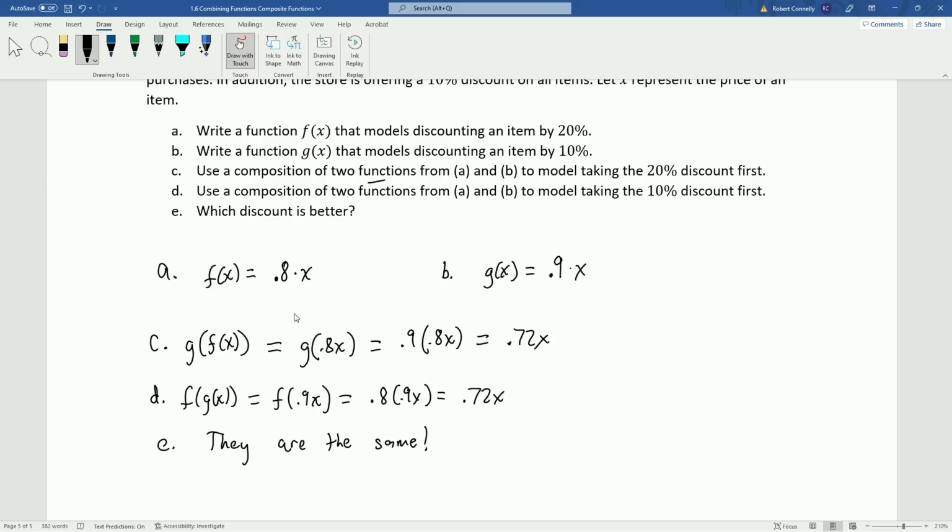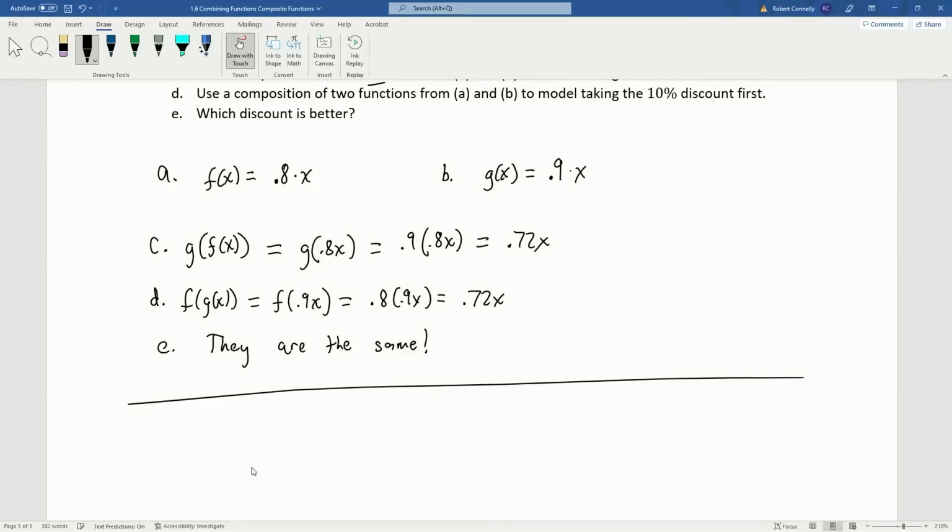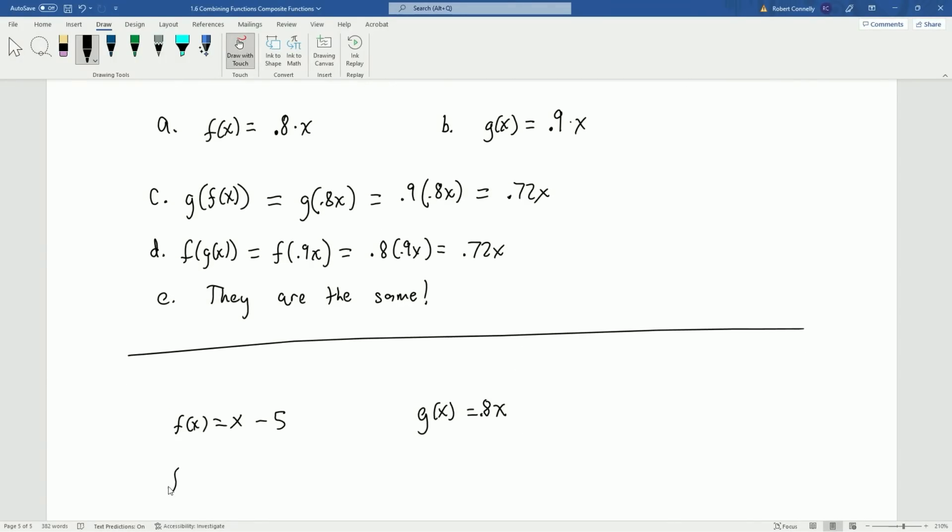So since this particular type of composition of functions just results in a product of the two numbers, then the order doesn't matter here. On the other hand, if this was something like you had a discount where you took your price minus $5 and then another discount that was your price deducted by 20%, well then here the order is going to matter a lot. So if we look at this, this would be f of 0.8x.